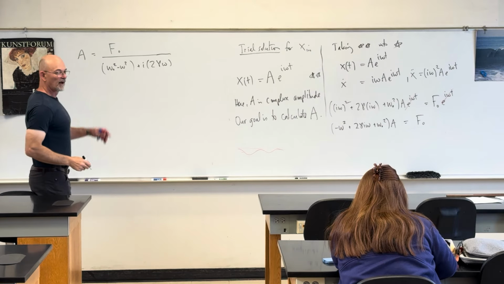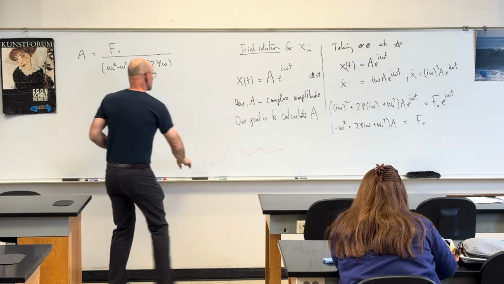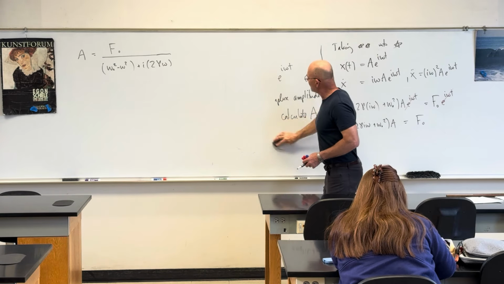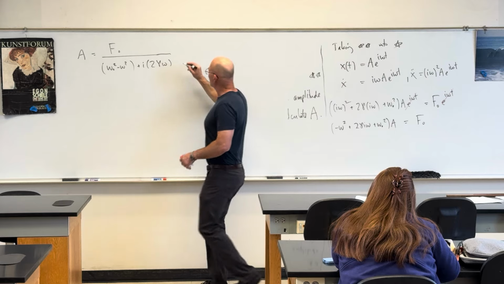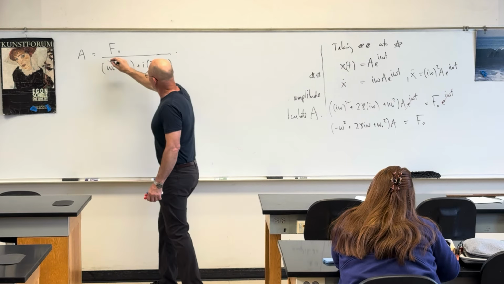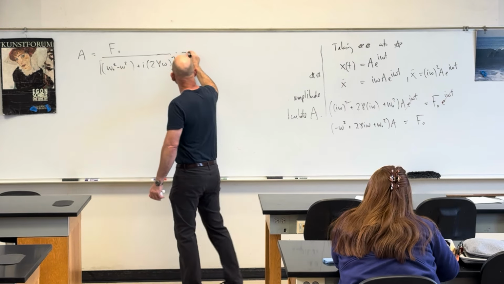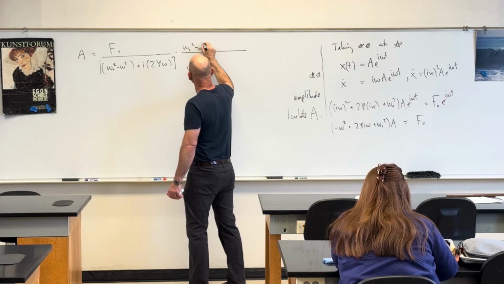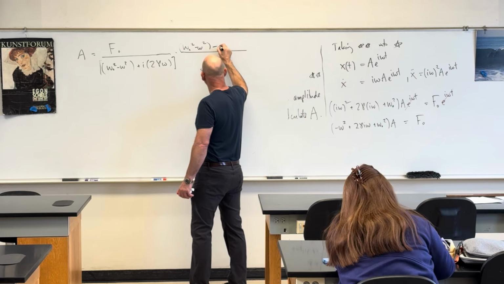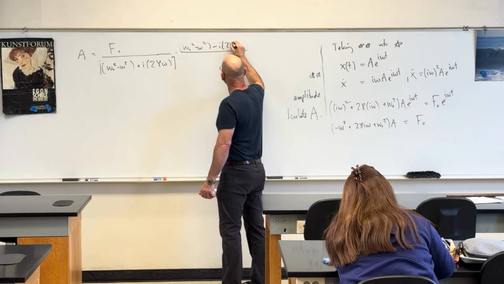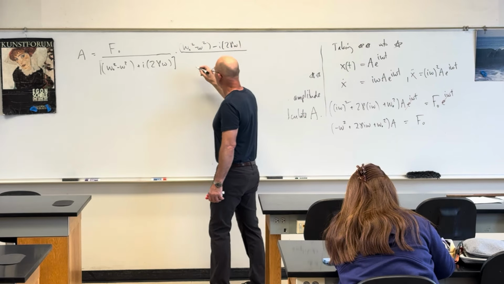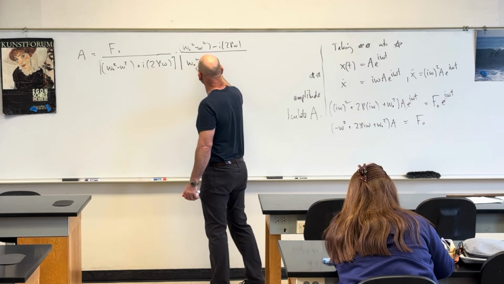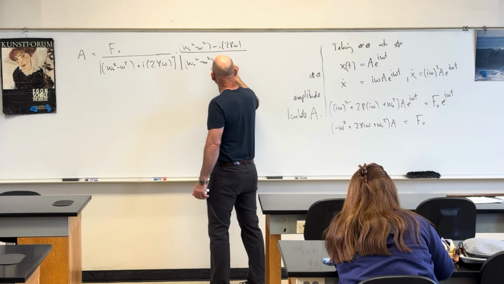So we're dividing by a complex number. And you guys remember the strategy for dealing with this? We multiply it by a particular one, namely, we're going to multiply it by omega naught squared minus omega squared minus i 2 gamma omega. And down here the same thing, omega naught squared minus omega squared minus i 2 gamma omega.